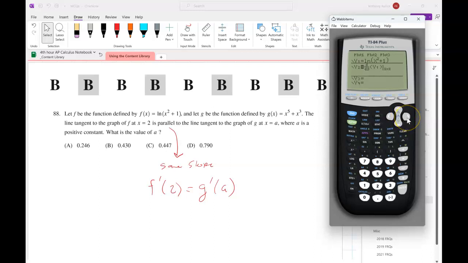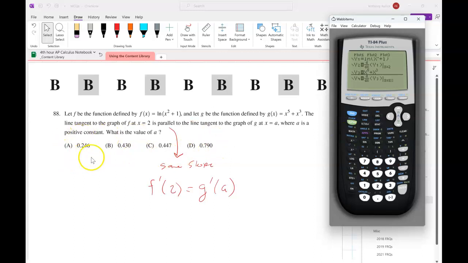And in y2, I'm going to type g of x. And I'm going to do just the general derivative of g of x. So math 8, d dx. And now I'm going to do that on y3. And I'm going to have x equals x because I want that to be arbitrary.